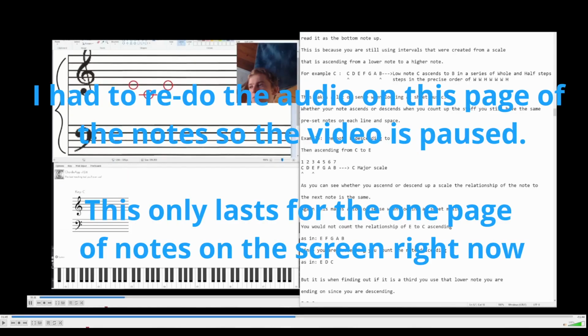For example, we have this C major scale, and this is consisted of the notes C, D, E, F, G, A, and B. The low note C ascends to the higher note B in a series of whole and half steps in a precise order of whole, whole, half, whole, whole, whole, half. You get this pattern and you plug it in to the chromatic scale starting on the note C, and that's how you get your C major scale. This is the major scale pattern.